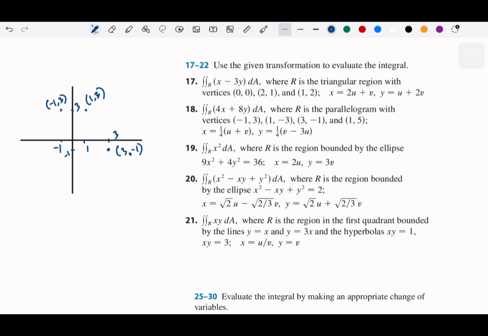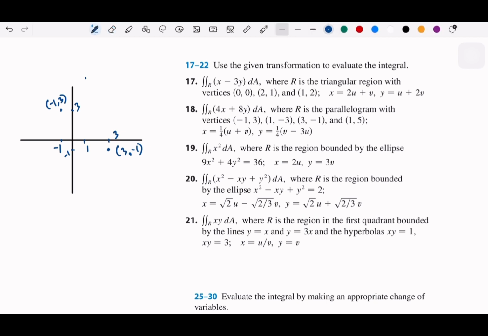And then 1 and 5, maybe around here. Oh, wrong point. It's not here.